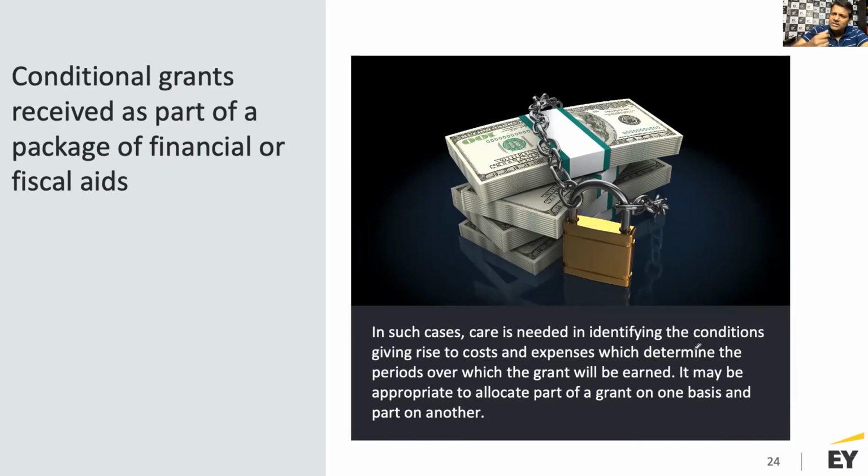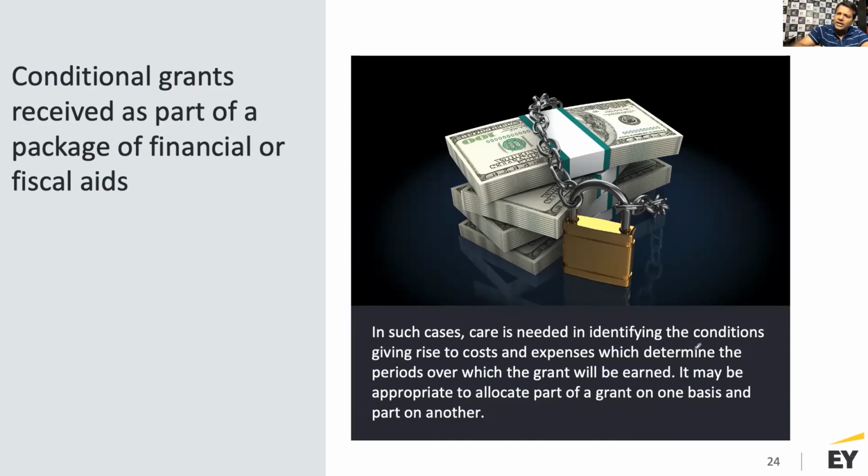If it is income related, you're going to record this as income in the P&L depending upon the conditions which are required to be fulfilled, and the cost which you're going to incur to fulfill the conditions. So if there is no condition, as in an immediate assistance, it comes to the P&L on an immediate basis. If there are conditions like generate employment, conditions like give training, conditions like do the production, and so on and so forth, then you're going to record it over a period of time.